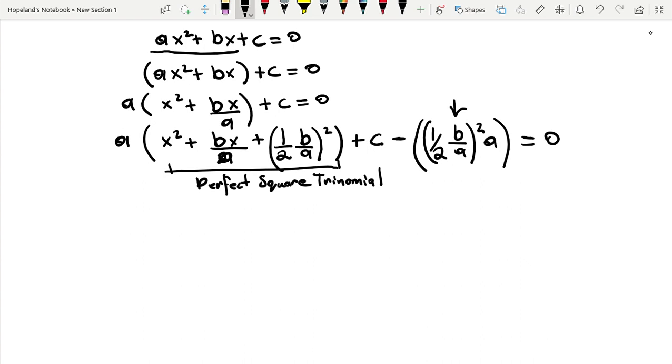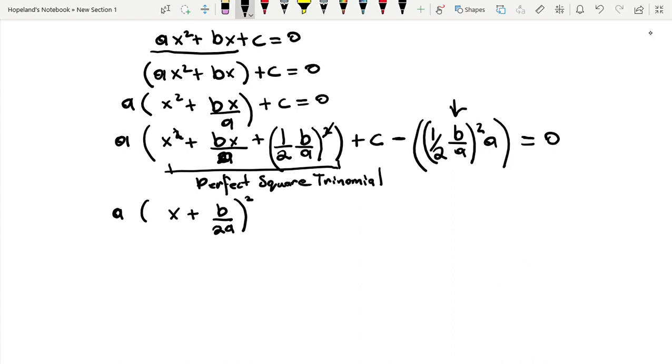So you have an a up front, and then the squares are going to go away, and you have in the parentheses x plus b over 2a, all squared.